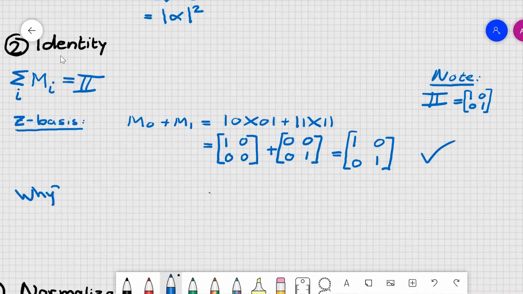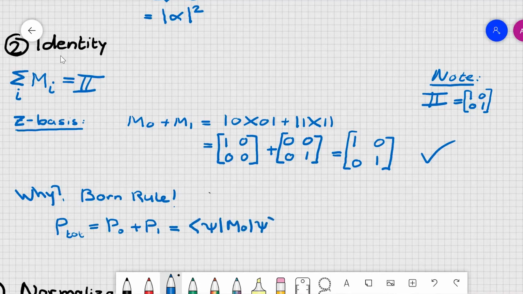Now, why is this the case? Because of the Born rule. The probability of all measurement outcomes should add up to 1. Now, if we use the sandwich rule to calculate the total probability, we do the following operation. So P total is P0 plus P1, which is the sandwich of M0 plus the sandwich of M1.